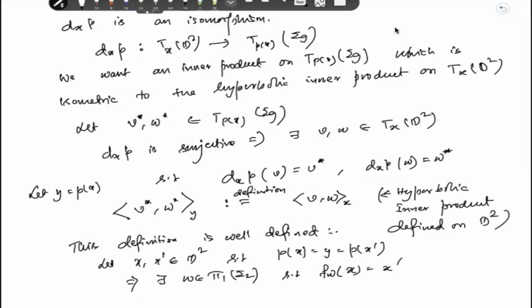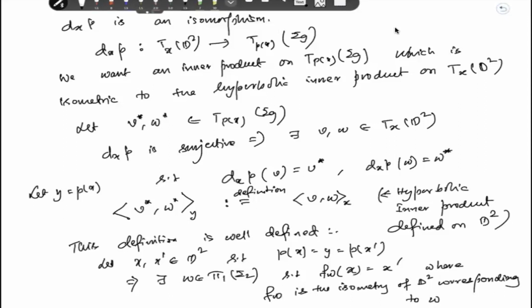Yeah, so w belongs to pi 1 of sigma g, so w will correspond to some isometry that I have called f_w, where this f_w is the isometry of this unit disk with hyperbolic metric corresponding to w.